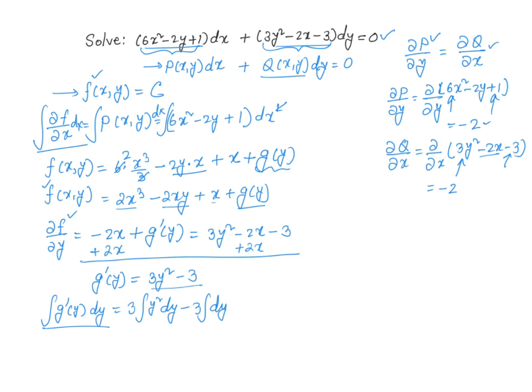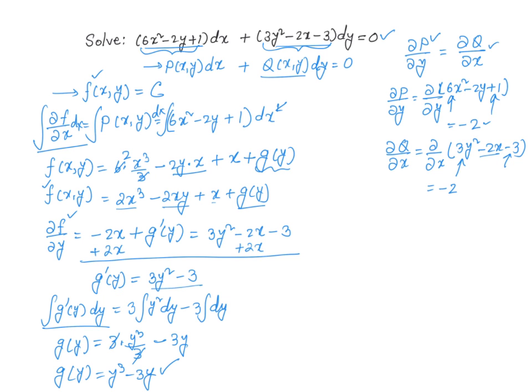And integrating g prime of y with respect to y gives me g of y. So g of y is equal to 3 times y cubed over 3 minus 3 times y. The 3s cancel out. That gives me g of y equal to y cubed minus 3y.